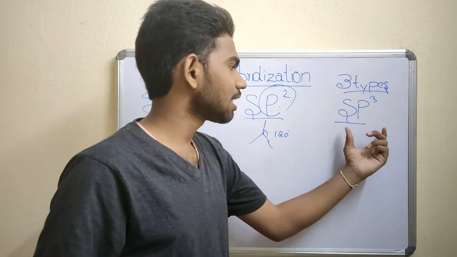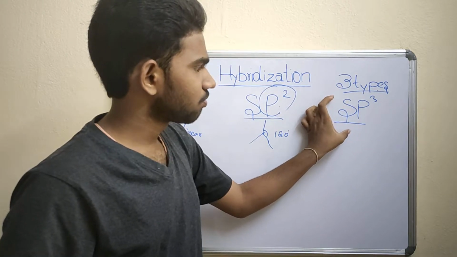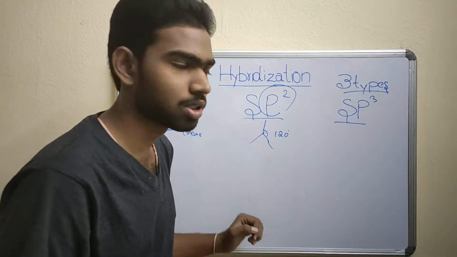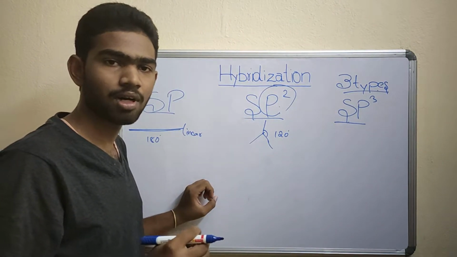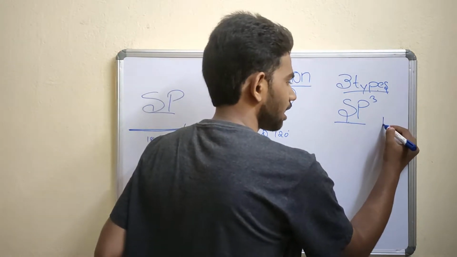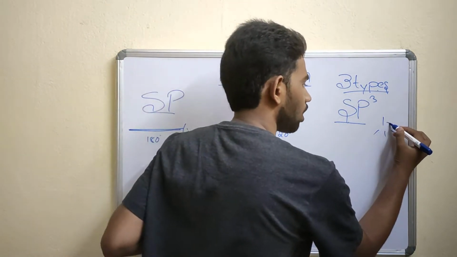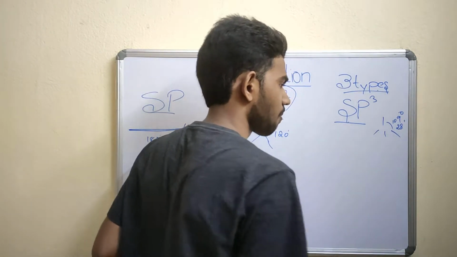When we enter into sp3 hybridization, it is very simple, friends. One s orbital and three p orbitals intermix and form sp3 hybridized orbitals, which form a tetrahedral shape, and its bond angle is 109 degrees 28 minutes.